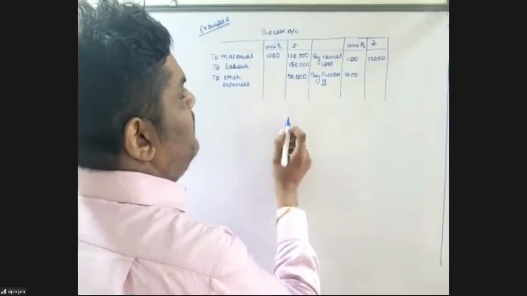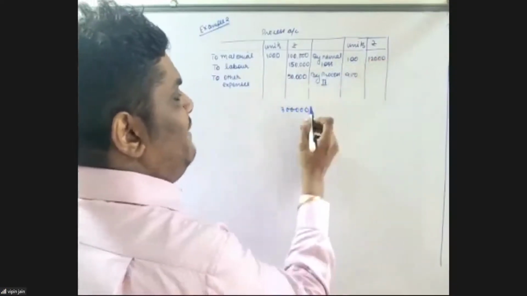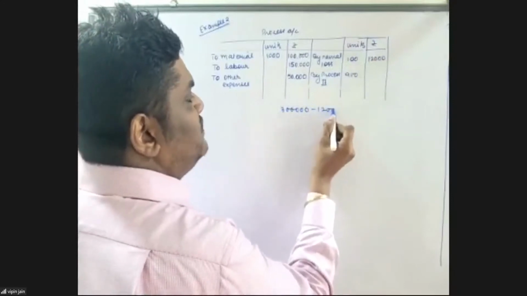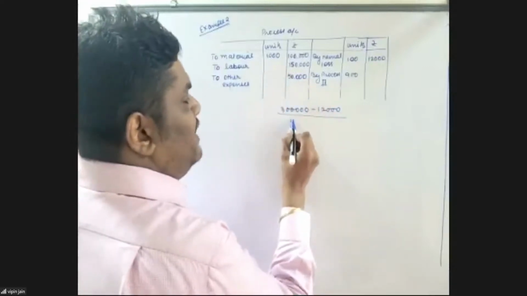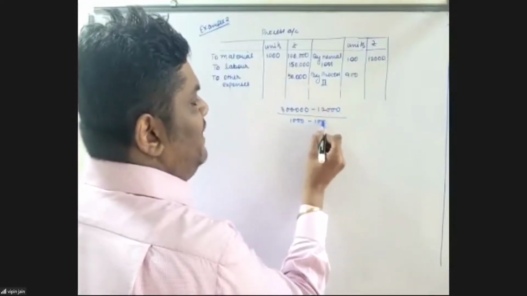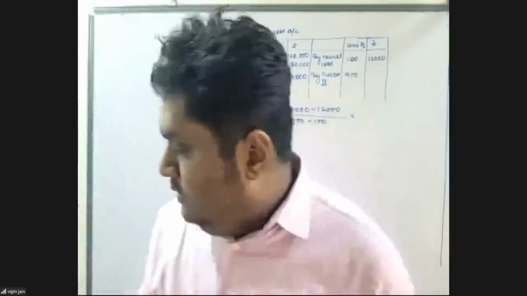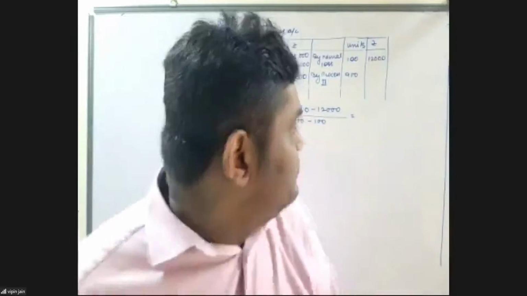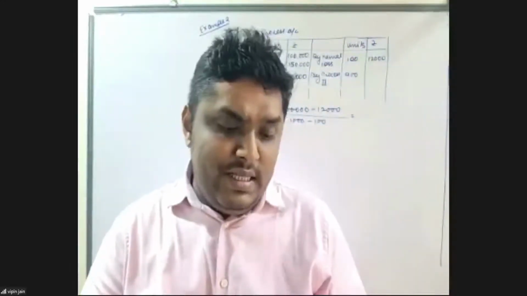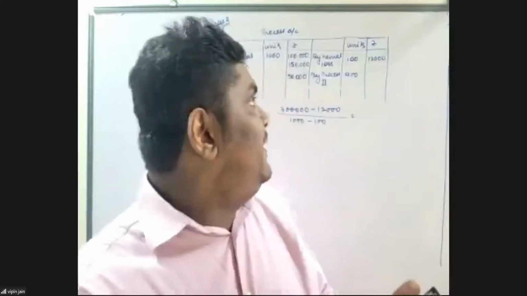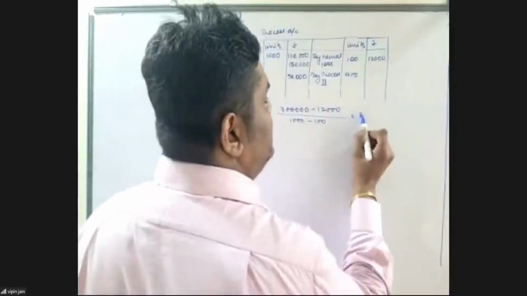So my total cost will be 3 lakh, minus the scrap value realized on sale of scrap, 12,000. Now 1,000 is my input, 100 units is my normal loss. So my cost per unit we can easily calculate. That is 3 lakh, the total cost, minus 12,000, the scrap value realized, and my expected output is 900 units. So my cost per unit will be rupees 320.